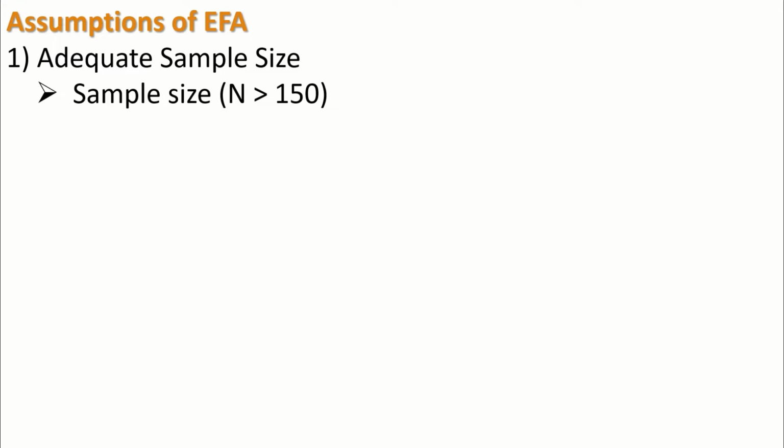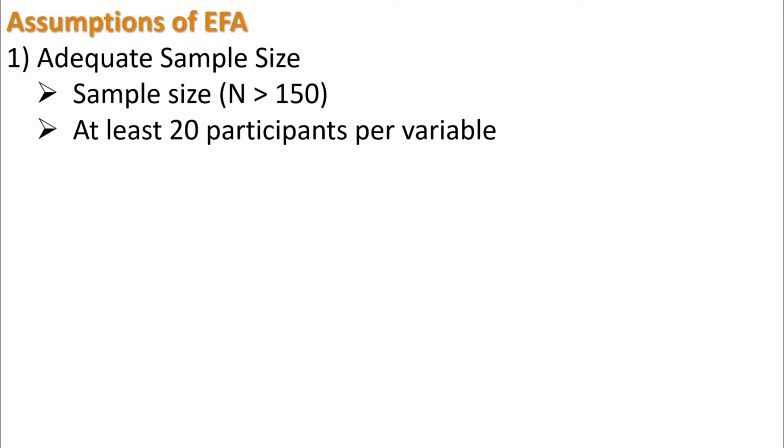So what are the assumptions that have to be fulfilled before performing this statistical method? First assumption is that there should be an adequate number of participants. Sample size has to be adequate, and the participants have to be greater than 150 individuals. More than 150 cases or individuals or participants.